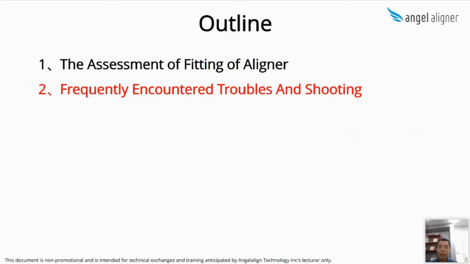The first frequently encountered trouble is the abnormal tooth mobility. This trouble was usually accompanied by poor fitting of aligner. So let's see the probable causes that lead to abnormal tooth mobility.